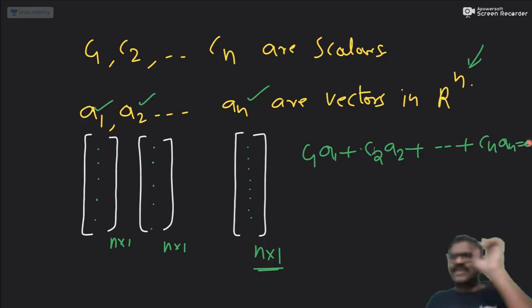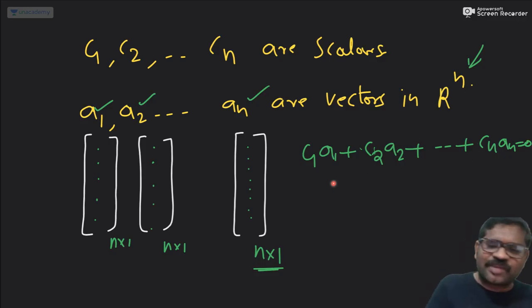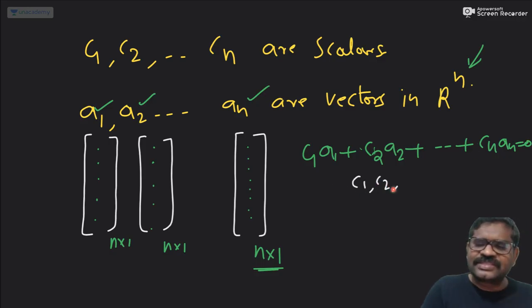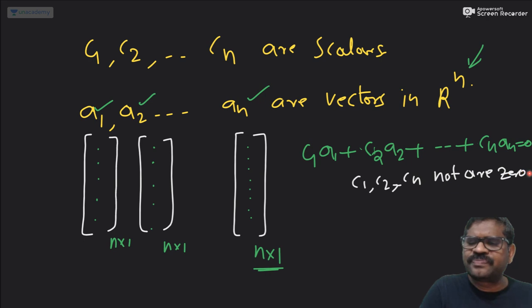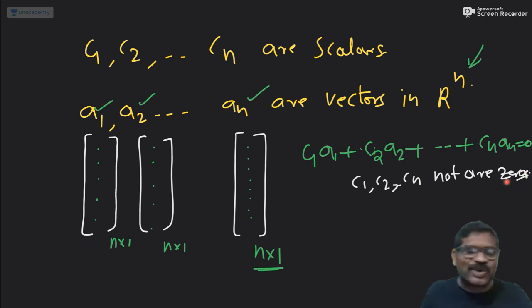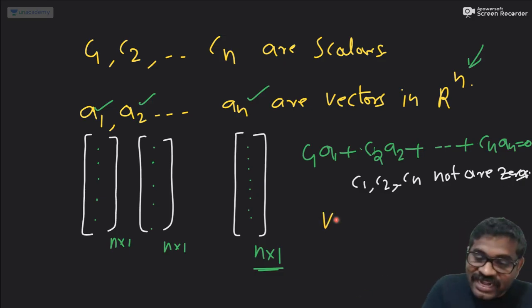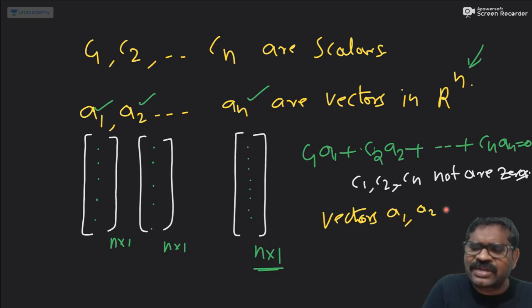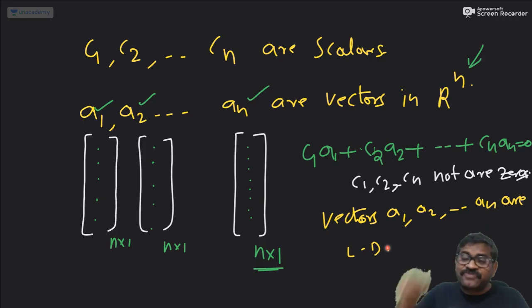This is a linear combination. In this linear combination, C1, C2, Cn are not all zeros. If they are not all zeros, then the vectors A1, A2, An are linearly dependent.